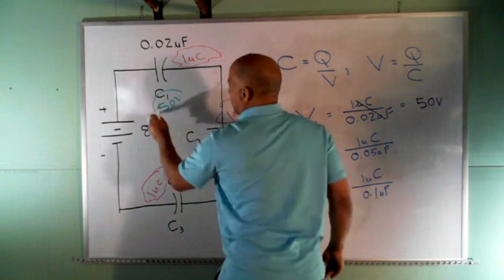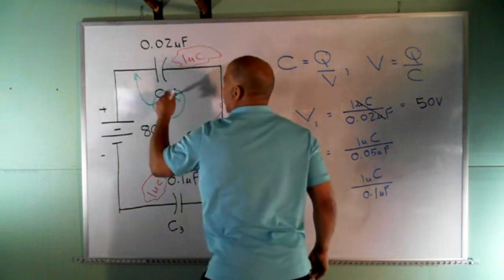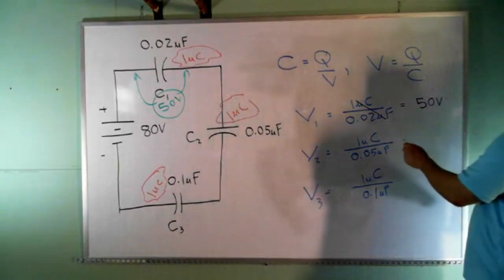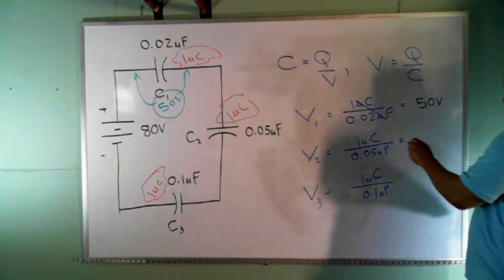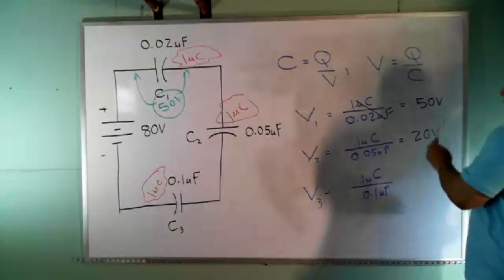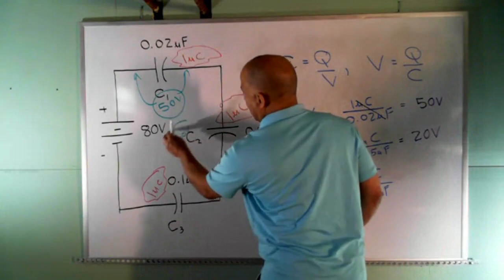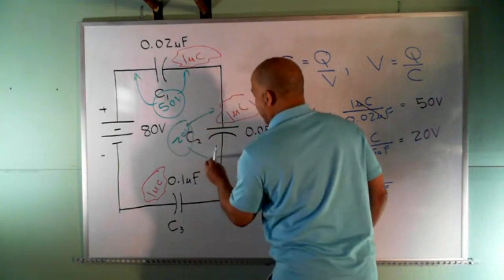So I got 50 volts from here to here. And then what about this next one? 20. 20 volts is correct. So on the paper, you would show 20 volts from here to here.